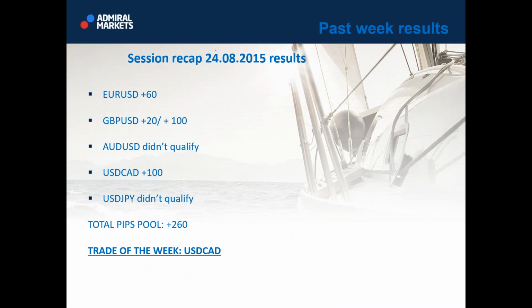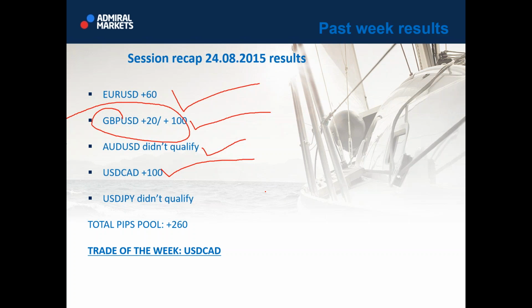Session recap, 24 of August results. Euro dollar plus 60 pips. Pound dollar plus 20 or plus 100 pips. I have personally made 20 pips, but I know that some traders sent me emails saying that they made even 100 pips on the pound dollar trade. Australian dollar didn't qualify, dollar CAD qualified instantly during the webinar, and we got 100 pips on dollar CAD, and dollar yen didn't qualify.